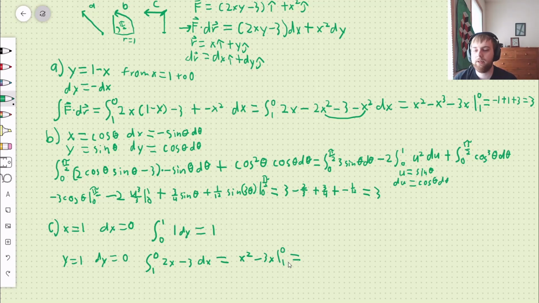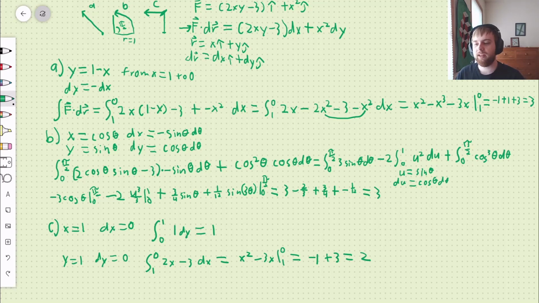And then at 1, remember since you're subtracting the bottom one, it gives you a negative 1 plus 3. So obviously this gives you 2.